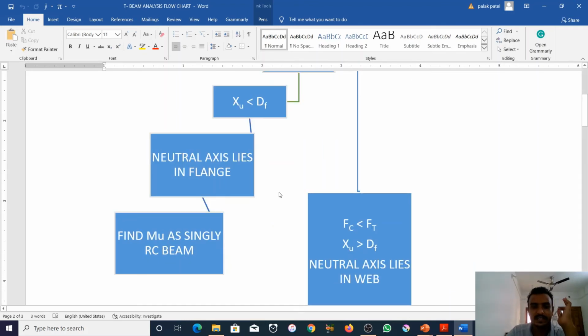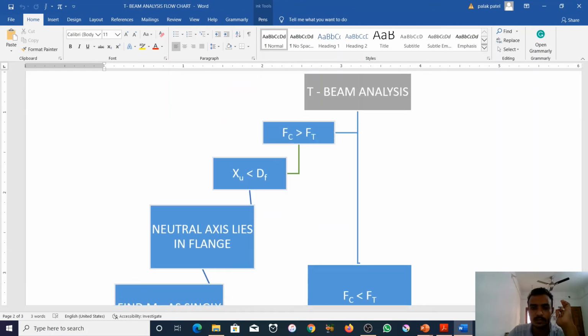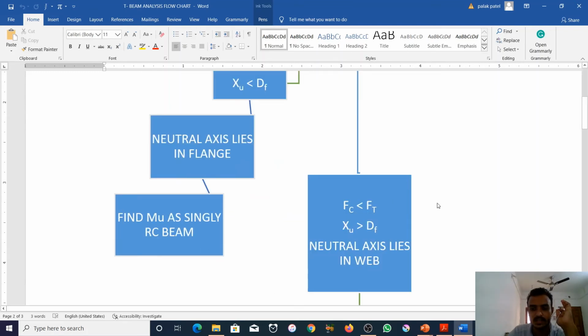At that condition, find the moment resistance as a singly reinforced RC beam. If you want to learn singly reinforced beam analysis, you can watch my previous video and learn how to analyze a singly reinforced beam.